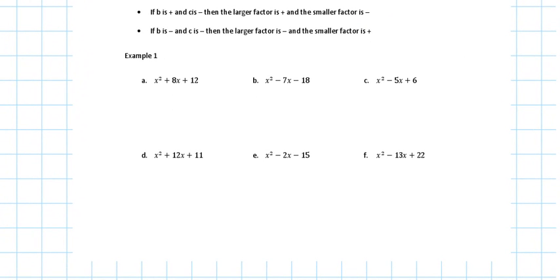So let's look at this one. I'm looking for two numbers that multiply to what and add to what? So product is 12, sum is 8. What multiplies to 12?